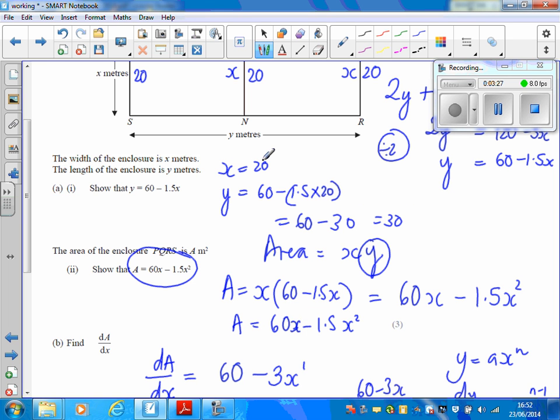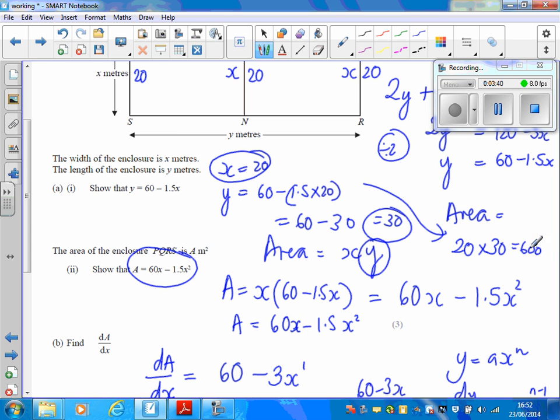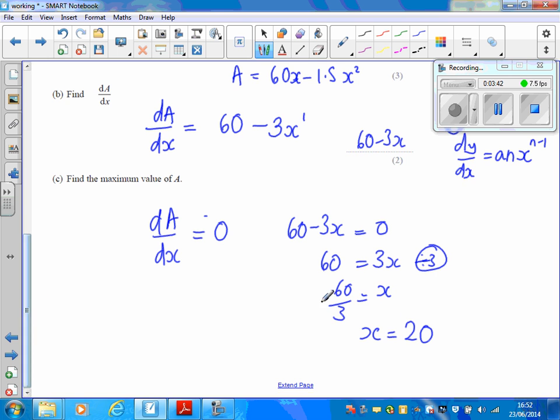So for the maximum area, x is 20, y is 30, and the area of the rectangle is x times y. X times y is going to be 20 times 30, which is 600. So the maximum possible area of the enclosure is going to be 600 square meters.